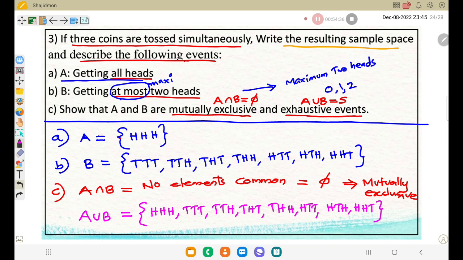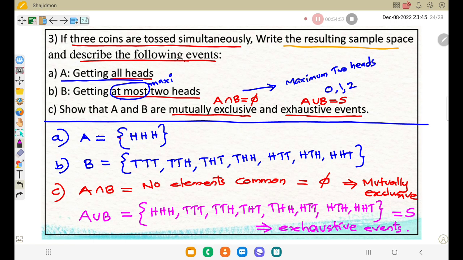All the options are there. 8 elements are there. It is same as the sample space. Yes or no? Yes. So what we can say? It is exhaustive, correct? A and B are exhaustive events.